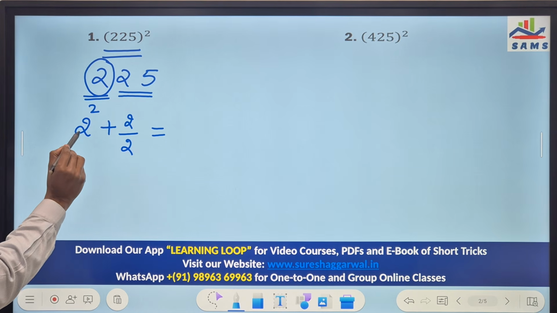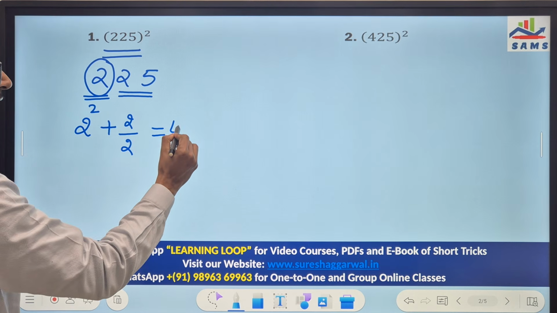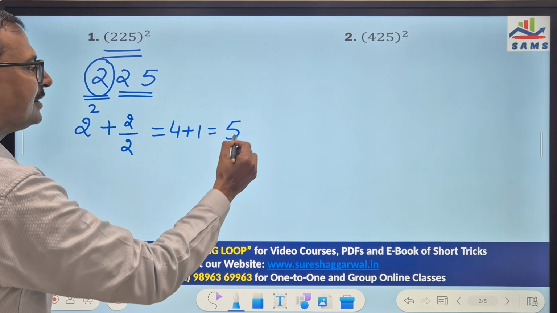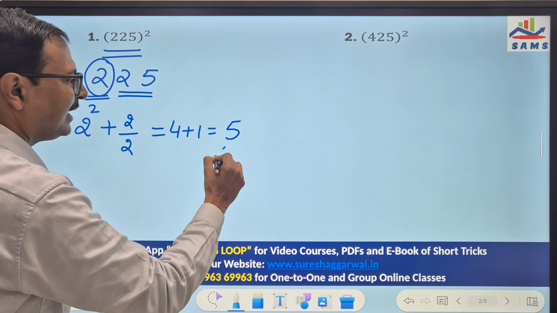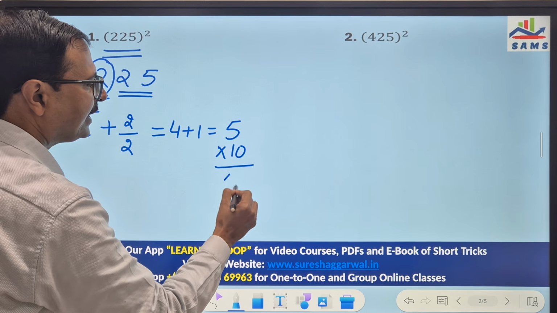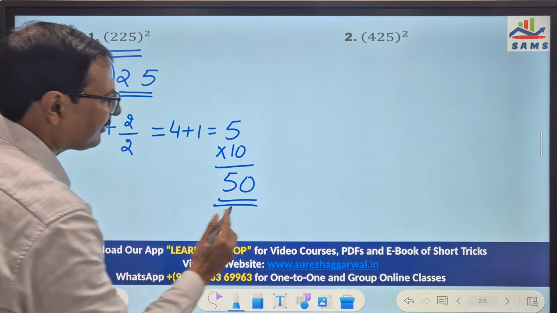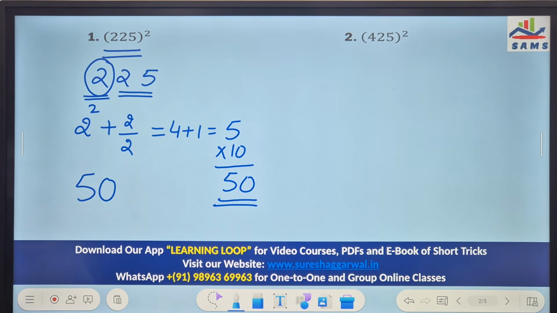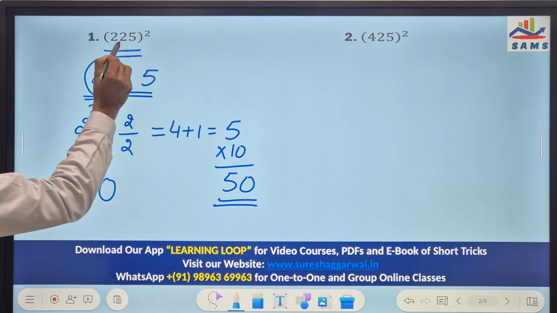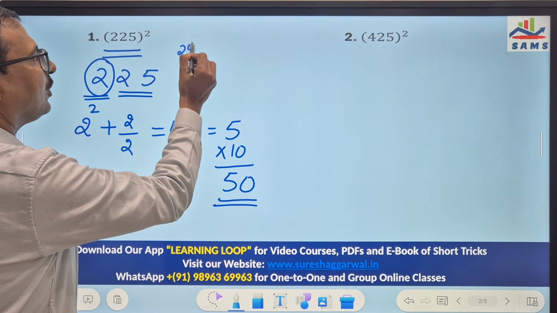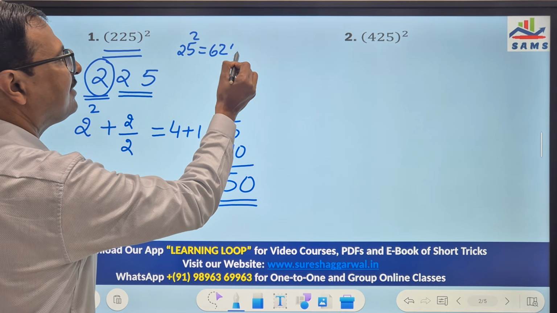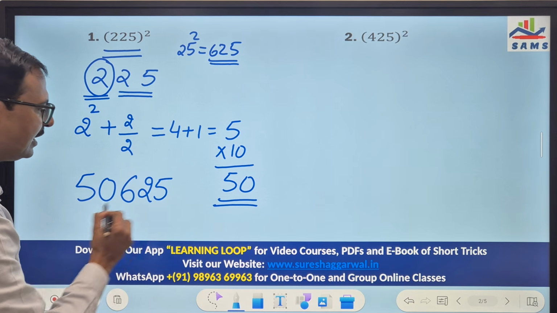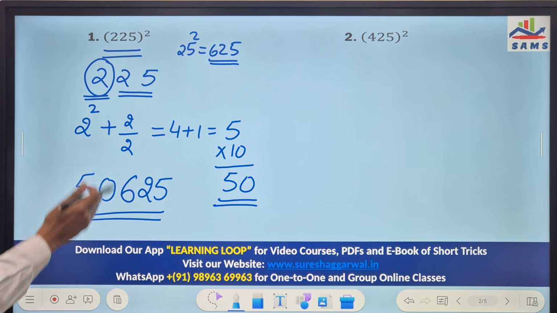You add them, you get 4 plus 1, and this will become 5. And what do you do with 5? Just multiply it by 10, and you get 50. And finally this number 50 will be the first part of your answer, and the remaining 25 square we already know is 625. So this 625 will be suffixed with 50, which will give you the square of 225.